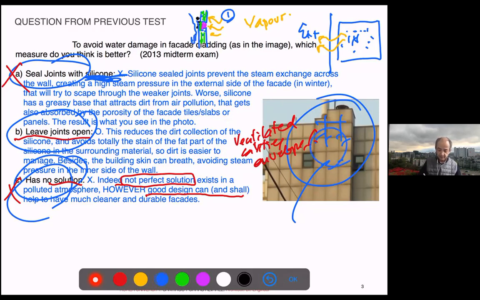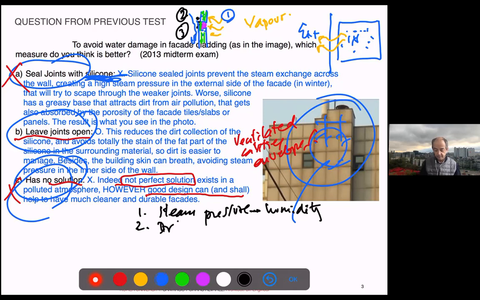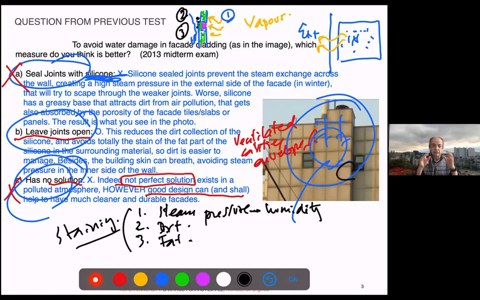So we have 3 effects: first, the steam pressure, which causes humidity; second, the dirt; and third, the fat, which is staining. Silicone in the beginning looks nice, but in the end makes things much worse.